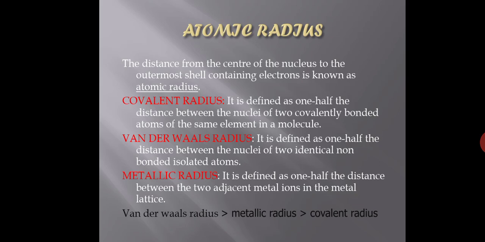Where the pull is not so large, the size becomes a little bigger. Definitely, if you pull an object, it squeezes in size; if the pull is not there, the size is not squeezed. So you find that there are several difficulties. It is not possible to isolate an atom, and the atomic radius changes from situation to situation, from environment to environment.